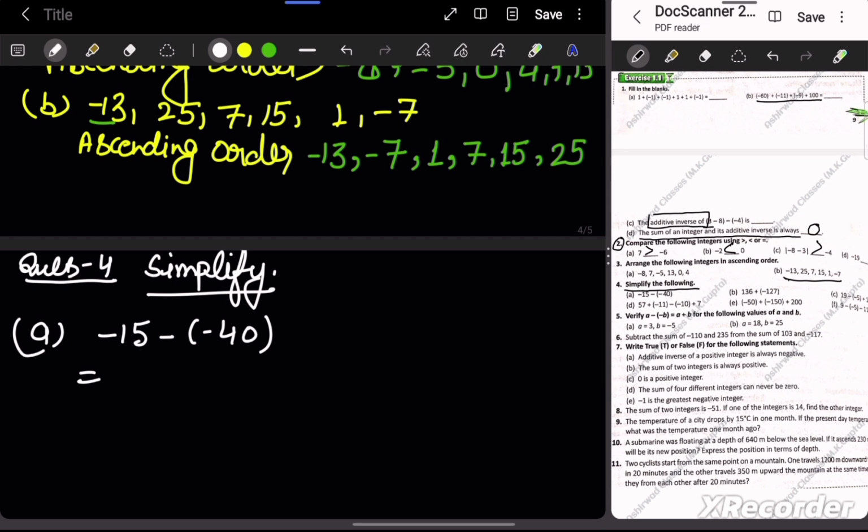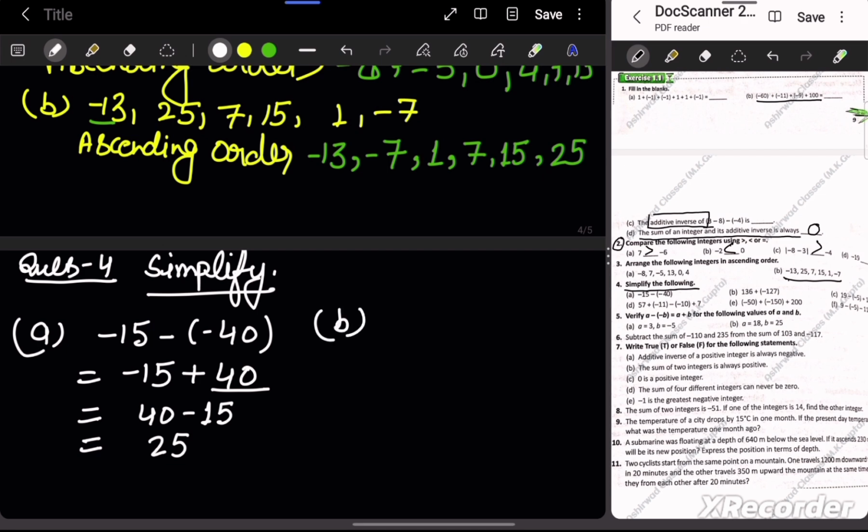Now we solve the equation. Minus 15 same as, but here minus and minus multiply is plus 40. So can we write 40 minus 15? Here 40 is a positive integer. Next, 40 minus 15 is 25.